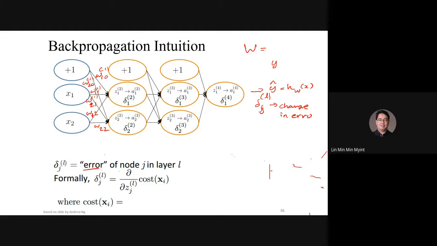So this delta J L we call the error of node j in layer L. After we define the cost function based on the previous slides, this delta means the changes in the error based on this weight. So we have to find the derivative of this one.